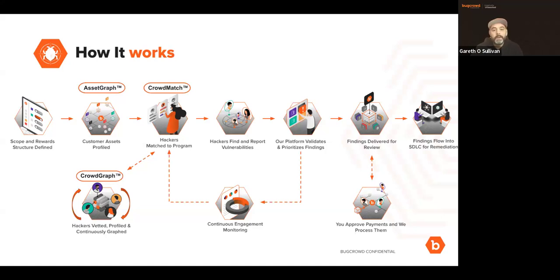So we'll do a lot of work on managing the program with you, scoping assets that are going into the program, getting an understanding of the tech stack, setting participation criteria, matching hackers with the assets based on that tech stack, and that's a continuous thing. We put in place a whole customer success management team to run the program for you and with you.